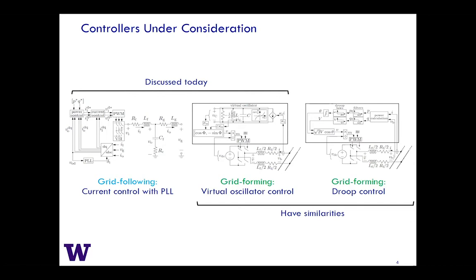These two grid forming controllers at first look very different from each other. The droop control has these very well-known frequency versus power and voltage versus reactive power trade-offs that everyone knows and loves. And then you look at this thing, which looks very different and strange. But it turns out that when we first started, we did some legwork to analyze the dynamics of this new oscillator type controller.